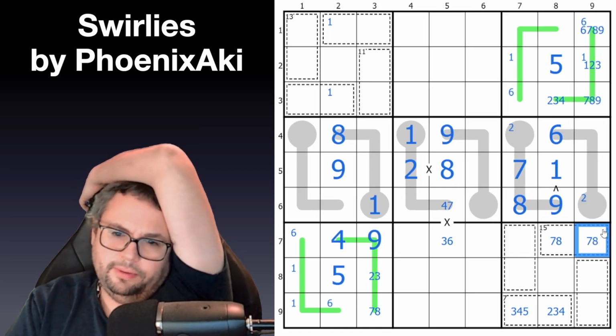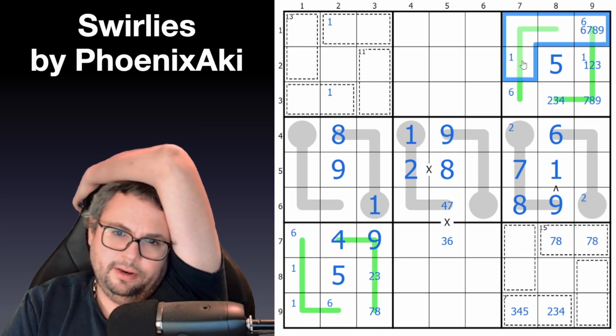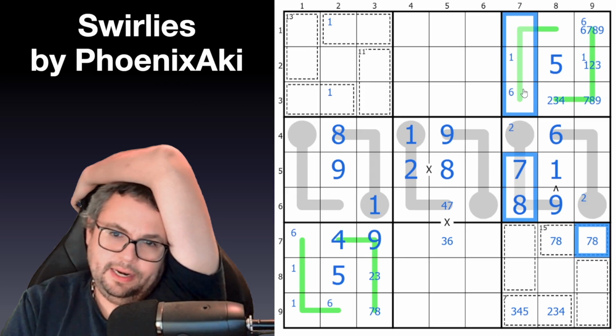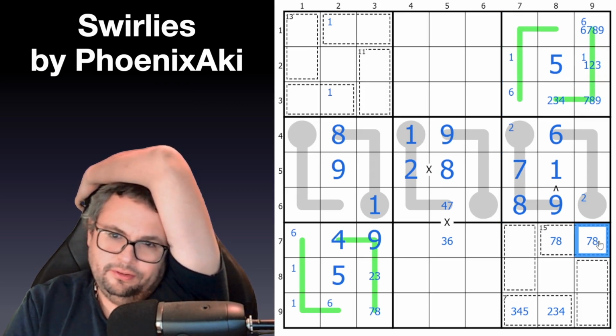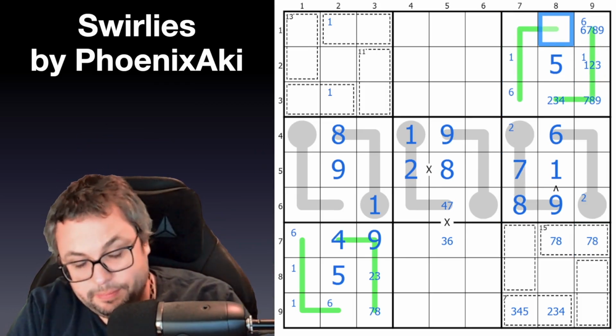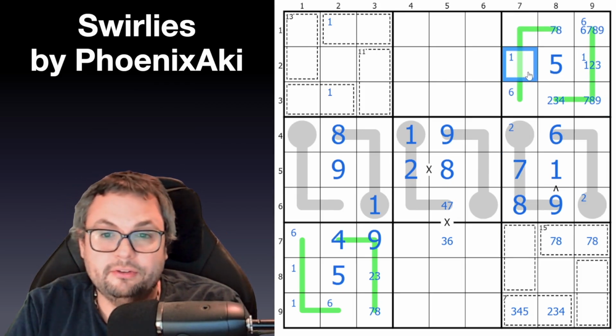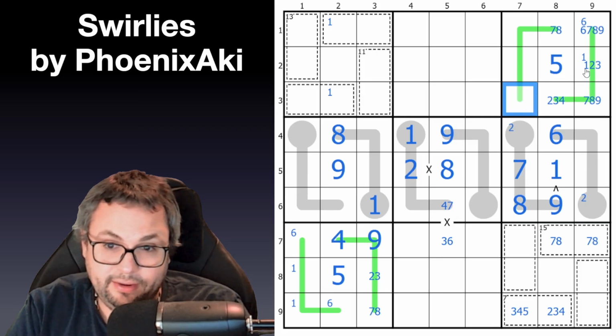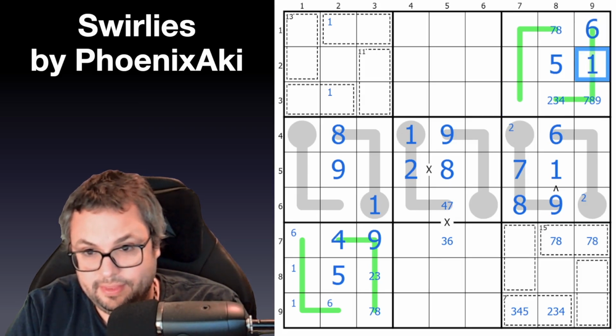Okay, here's a different way to do it. Where does this 7, 8 go in box 3? Well, by Sudoku, it doesn't go in any of these places. So that 7, 8 actually winds up here, which actually makes that not a 1 and that not a 6. So that is the 6, and that's the 1.